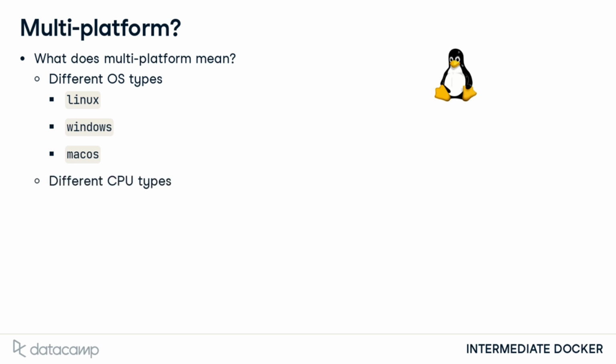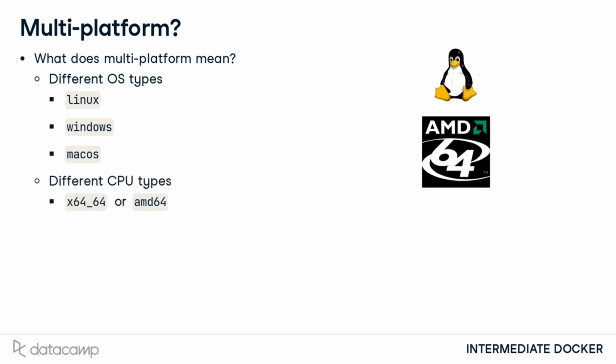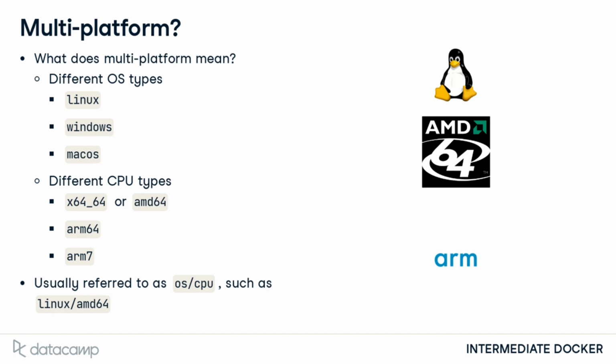Regarding CPU types, we usually see the x86-64 or AMD64 type, the CPU instruction set behind most modern Intel and AMD processors. You may also see ARM64 or ARMv7 chips, popular in cell phones, Apple devices, and single-board computers such as the Raspberry Pi. Usually the platform is defined as the OS type/CPU type, such as linux/amd64 or macOS/arm64.